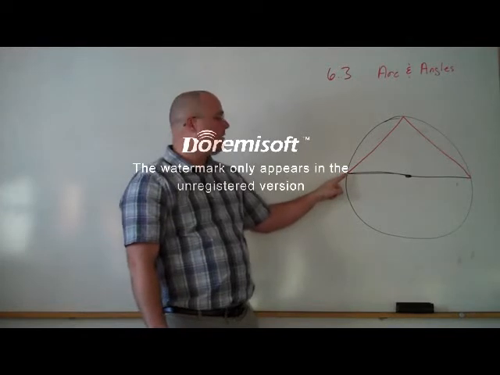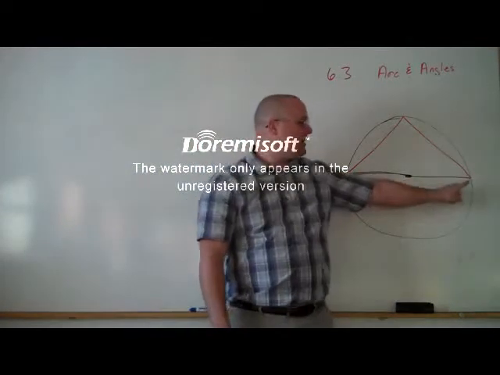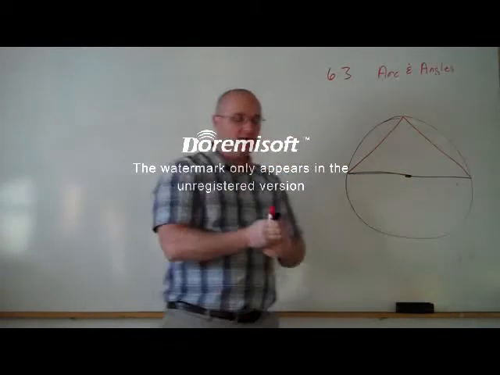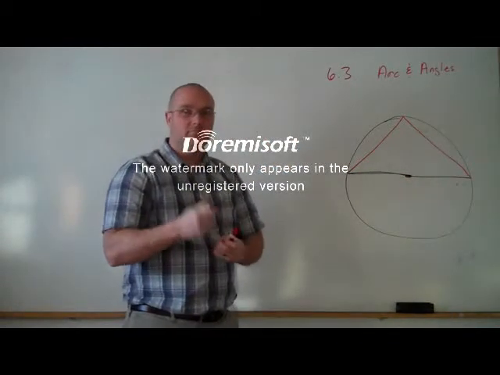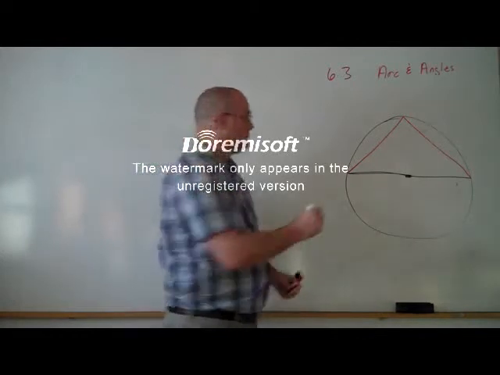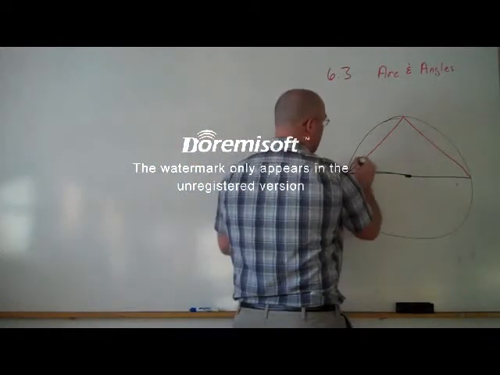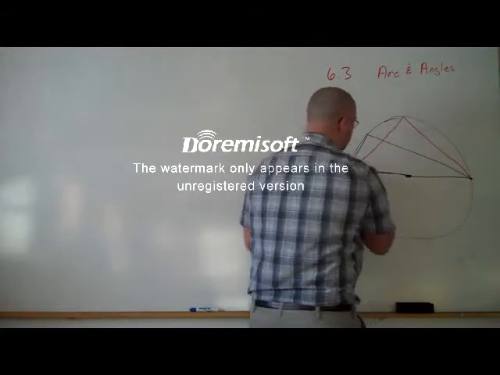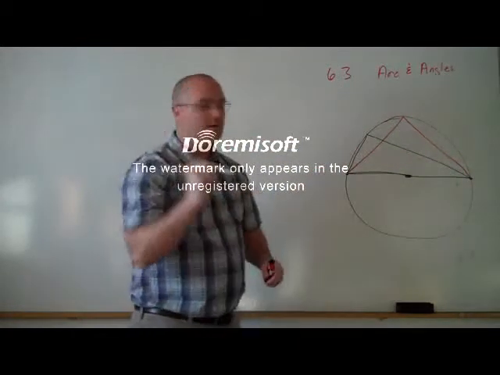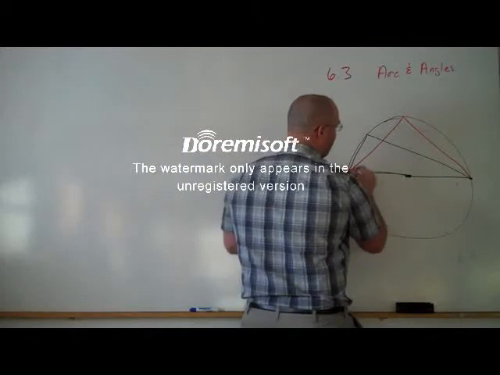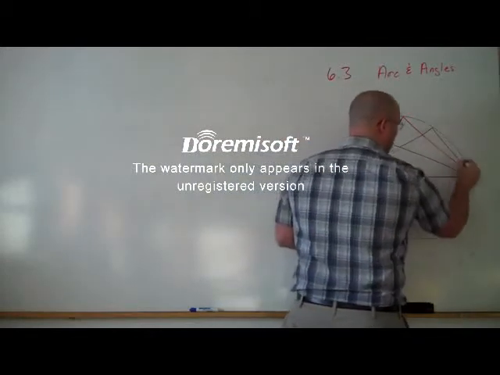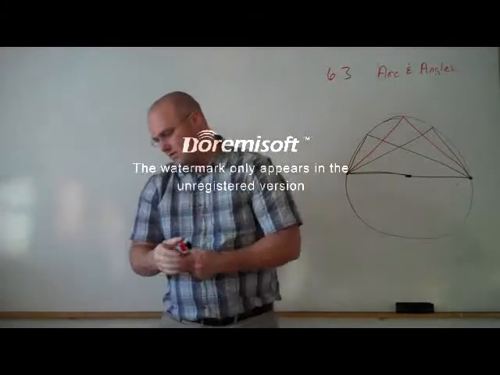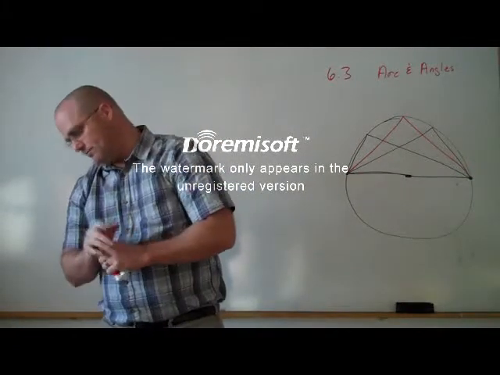The angle has to touch the endpoints here and here. Then the tip of the angle can touch anywhere inside this semicircle. However, the two endpoints have to connect. Okay, this is angle inscribed in a semicircle.